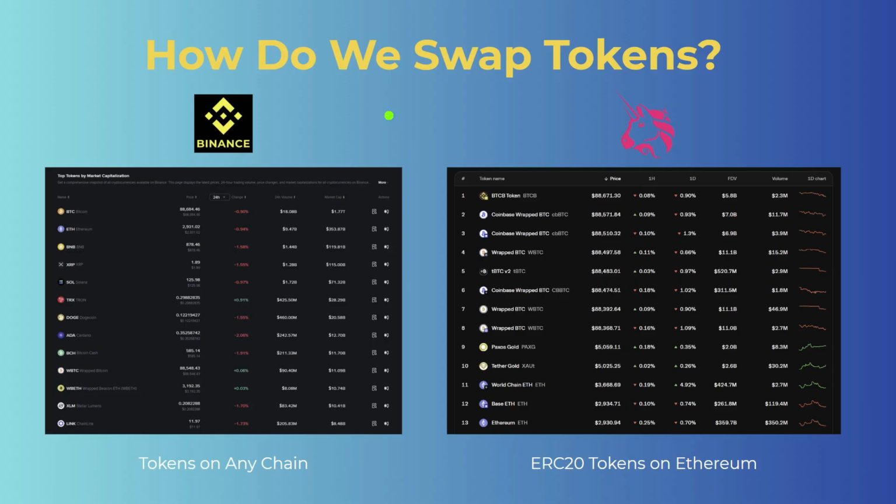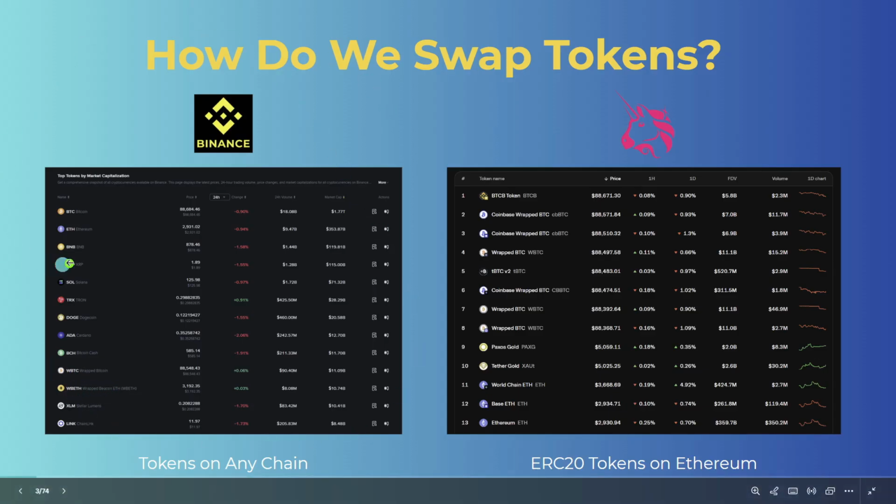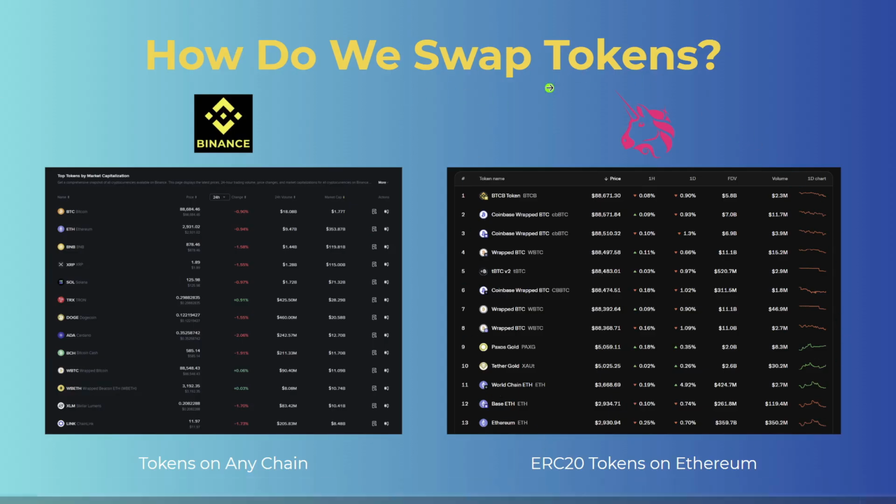To swap tokens, we basically have two ways to do it in crypto. One is to use a centralized exchange, a classical exchange, a CEX. Another is to use a DEX, so a decentralized exchange.